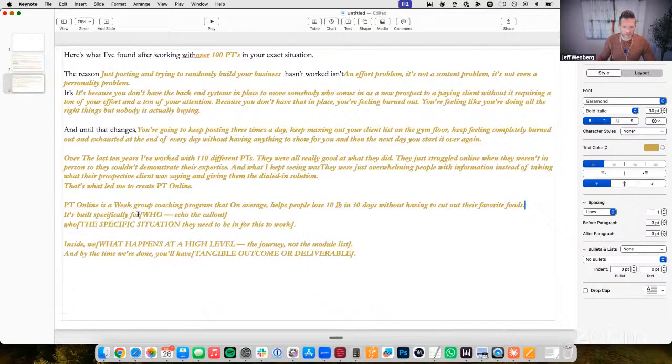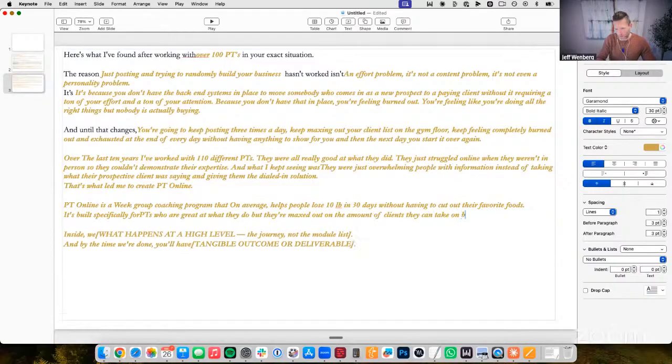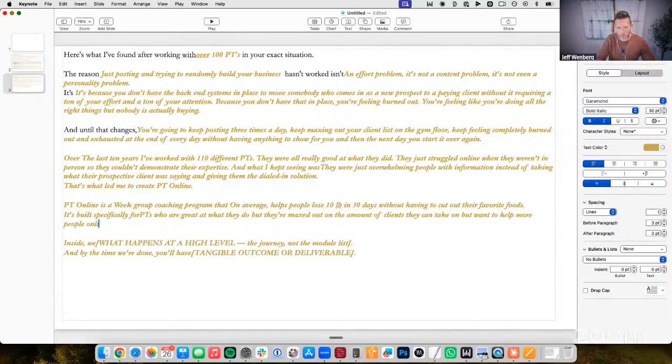It's built specifically for PTs who are great at what they do, but they're maxed out on the amount of clients they can take on, but want to help more people.